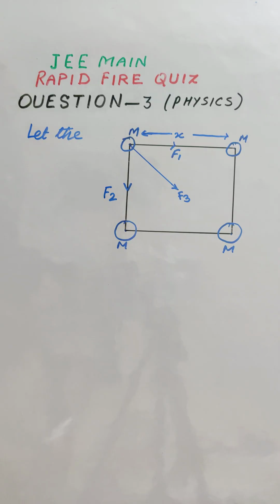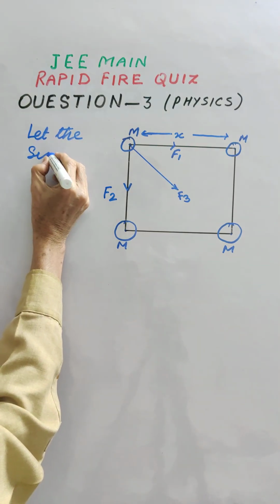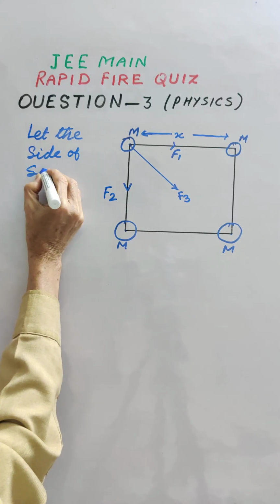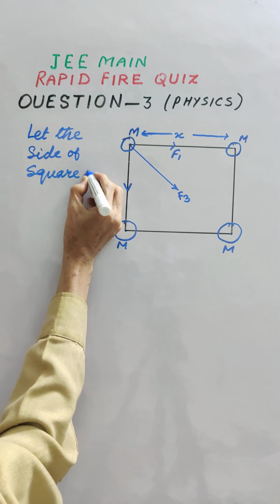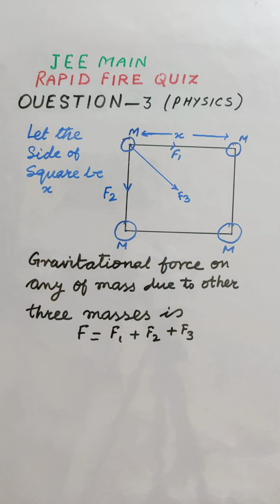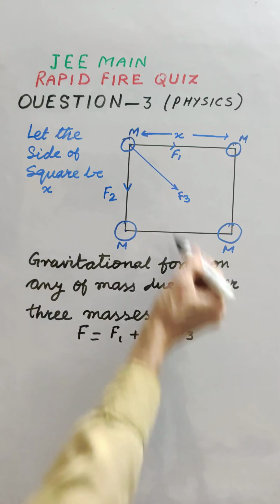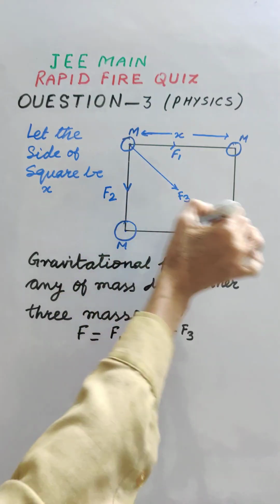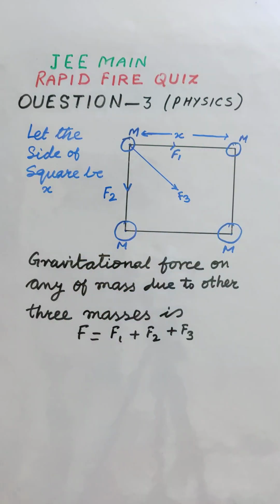Let the side of the square be x. The gravitational force on any of the masses due to the other three masses is F equal to F1 plus F2 plus F3.